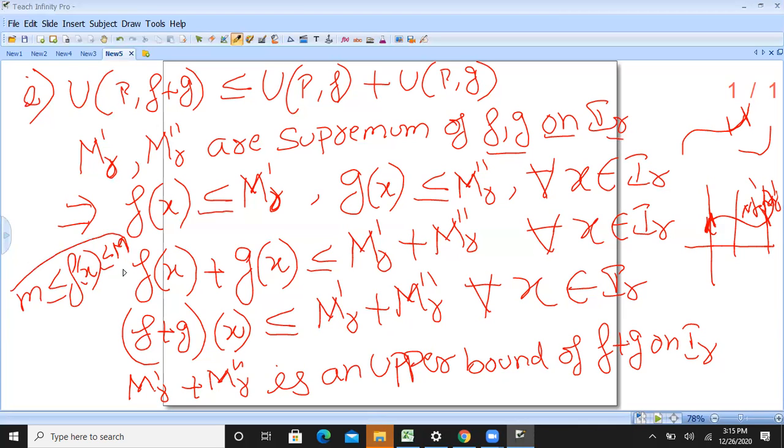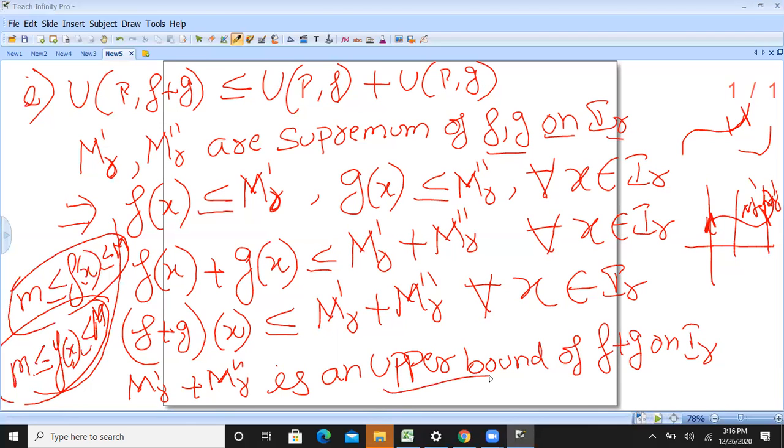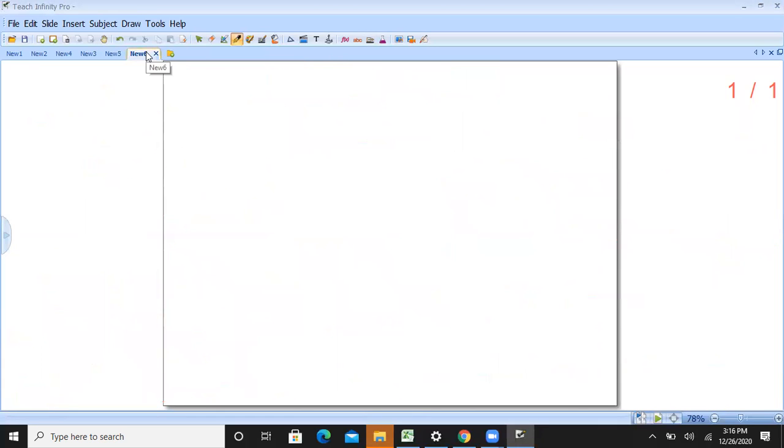In the bounded statement, this statement comes: small m is less than or equal to f of x is less than or equal to capital M. We took this from the bounded statement. So f plus g, after the two terms merge, we can say that it is an upper bound. So next steps will be continued in next sheet.